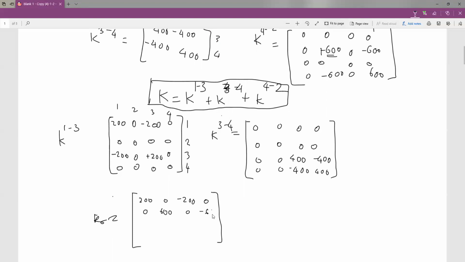minus 600, this member, then minus 200, 0, 200 plus 400, 200 plus 400.